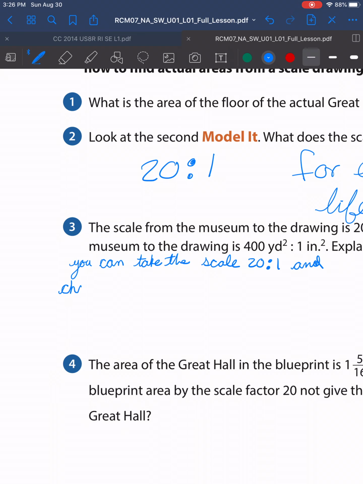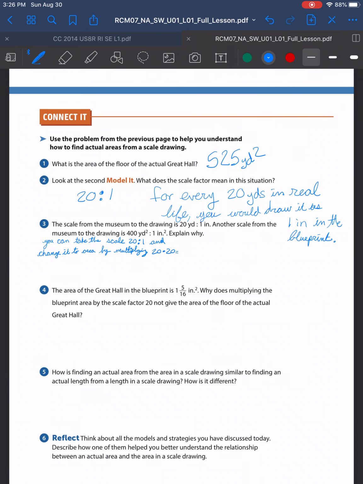I'm going to say change it, by multiplying 20 times 20 to get 400, and 1 times 1 to get 1.